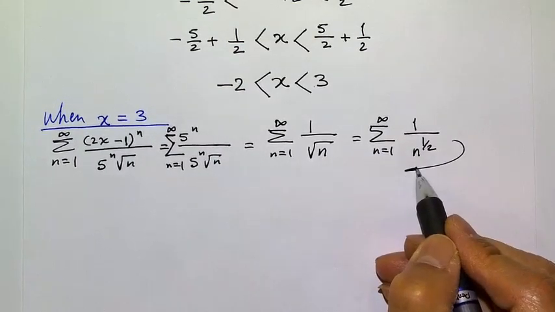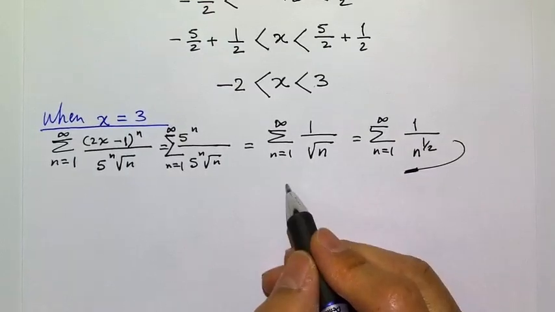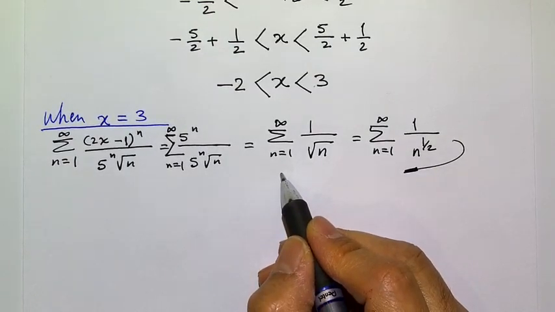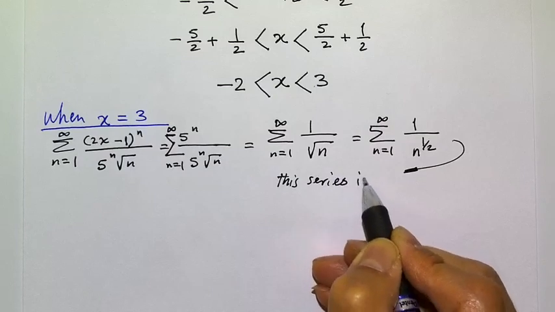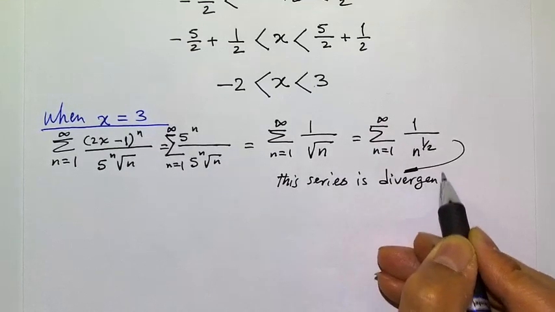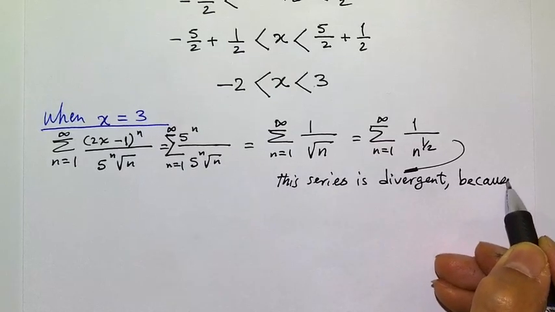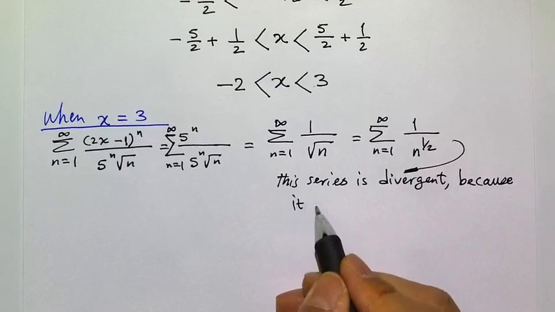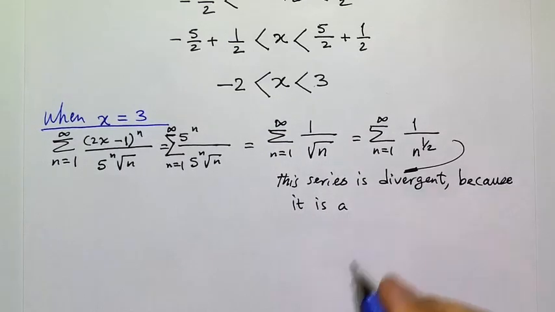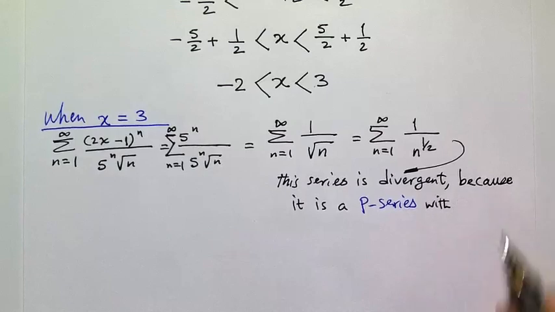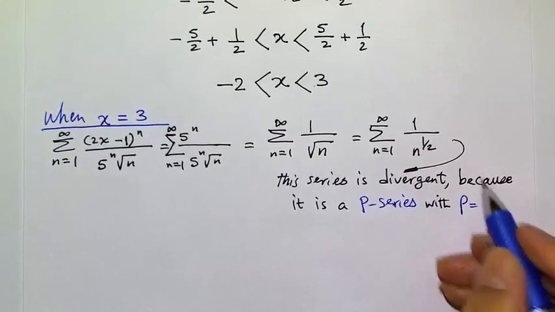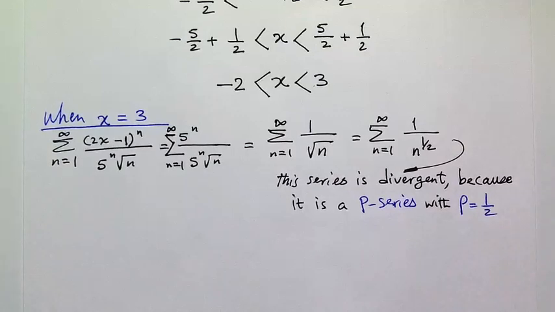So this series is divergent because it is a p-series with p equals 1/2, which is less than or equal to 1.